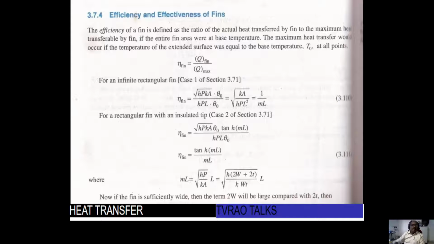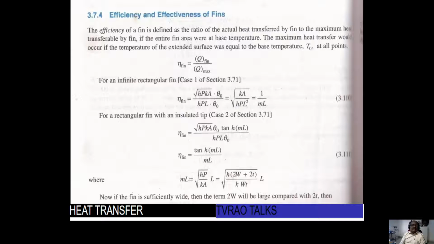Next, fin efficiency and effectiveness. The efficiency of the fin we can also calculate. The efficiency of the fin is defined as the ratio of actual heat transfer by the fin to the maximum heat transfer by the fin.